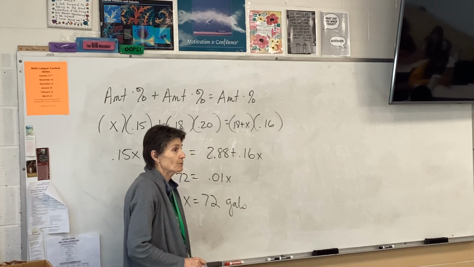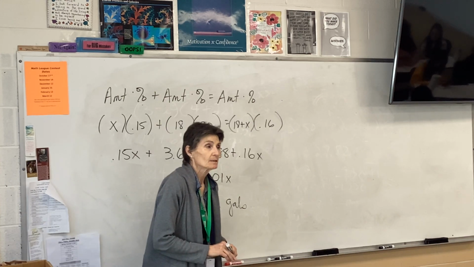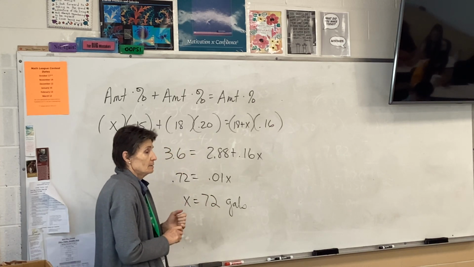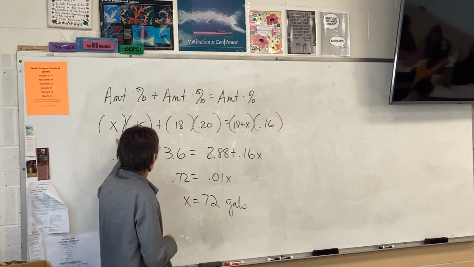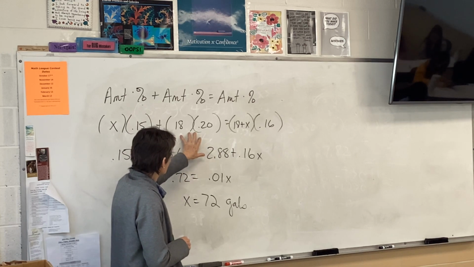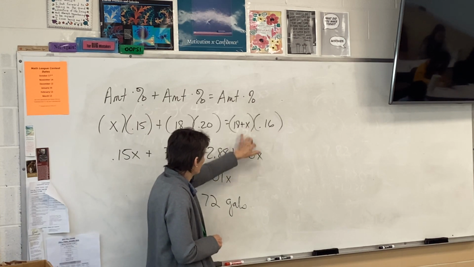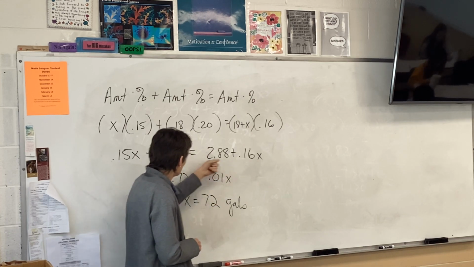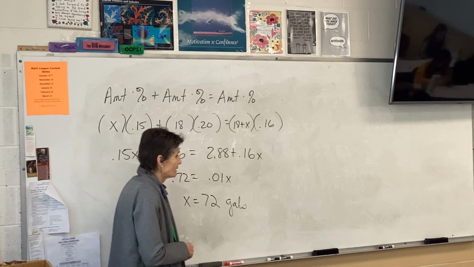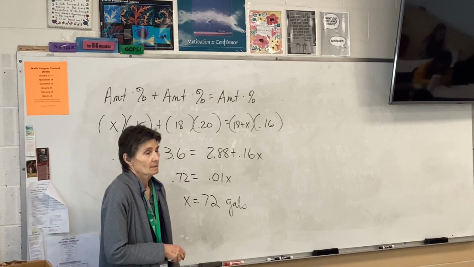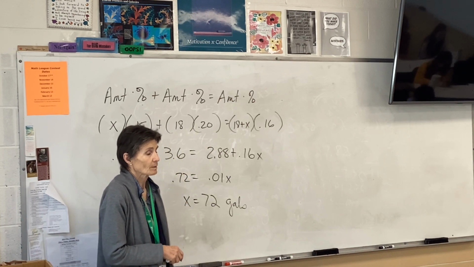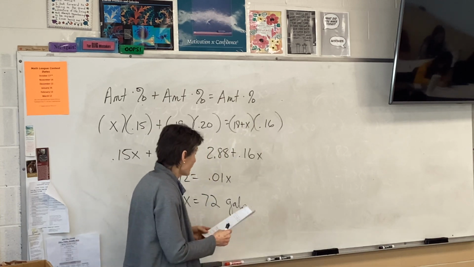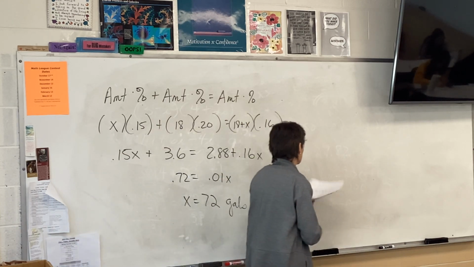I got 72 gallons. Anybody else get that? Good. So some of you got this figured out? 0.15x plus 3.6 distributed over here. Move all the x's to the same side, move all the numbers to the other side, and divide. Okay? You need to be able to solve that. So practice, practice, practice.